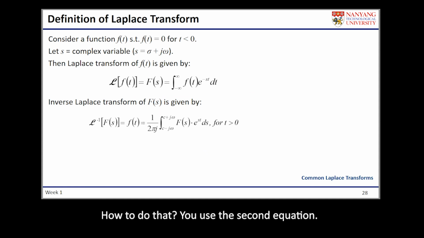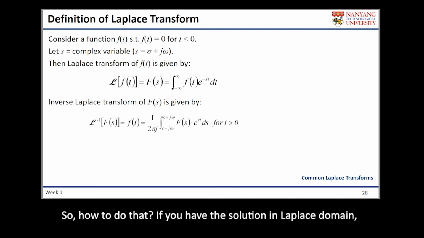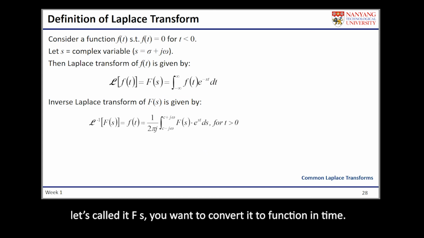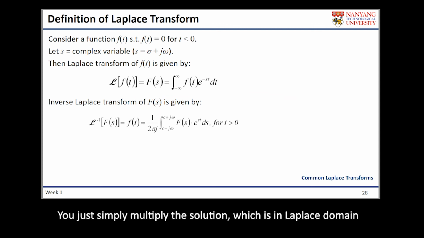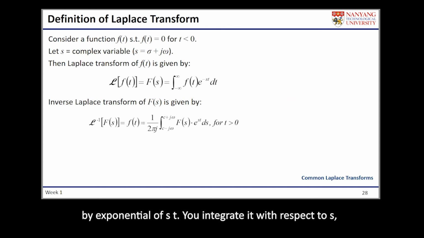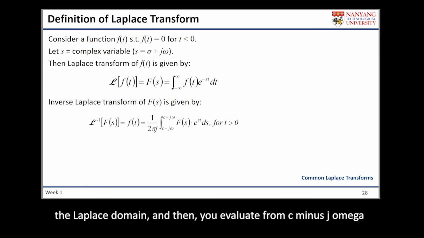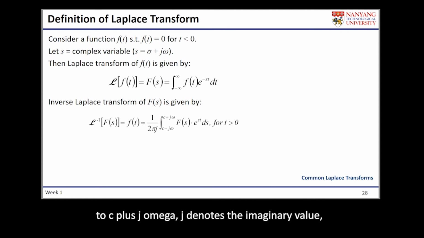How to do that? You use the second equation. If you have the solution in Laplace domain, let's call it F(s), you want to convert it to a function in time, you just simply multiply the solution, which is in Laplace domain, by exponential of st. You integrate it with respect to s, the Laplace domain, and then you evaluate it from c minus j omega to c plus j omega. j denotes the imaginary value, and then you multiply it by 1 over 2 pi j.